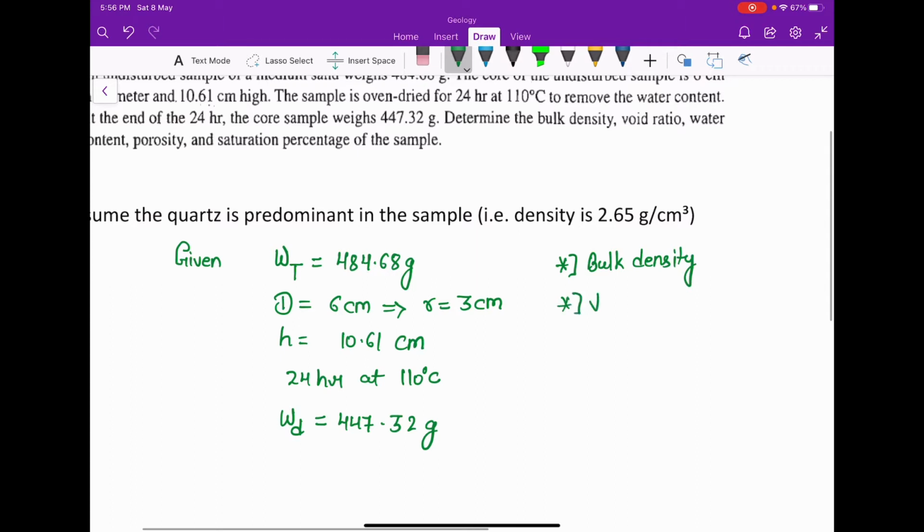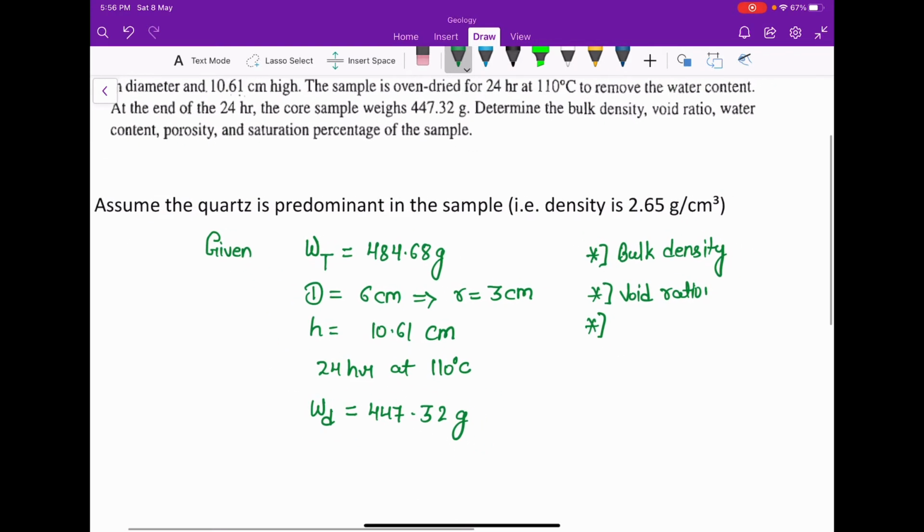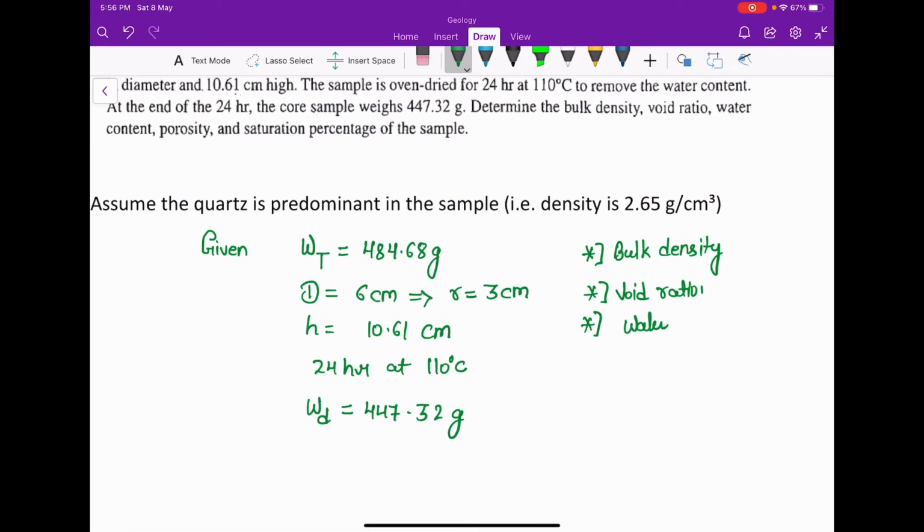Second is void ratio. Next is water content. The fourth one is porosity, and the last one is saturation percentage of the sample.